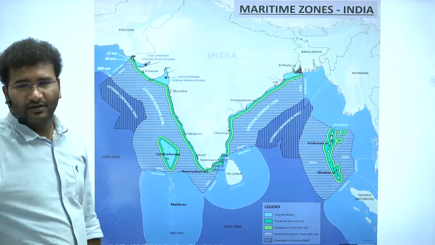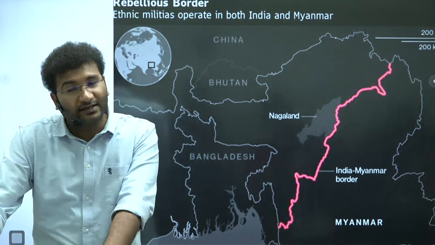Okay? And the last border, please look into your atlas and tell me how many states have a border with Myanmar. Does Tripura have a border with Myanmar? Mizoram? Does Mizoram have a border with Bangladesh? Yes.